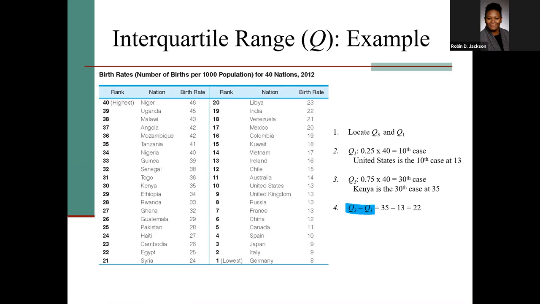So instead of 25%, we would do 0.25. And we know that there are 40 cases. So you multiply 0.25 by 40. That gives us the 10th case. Not the 10th case from up here, it's number 10 right here.